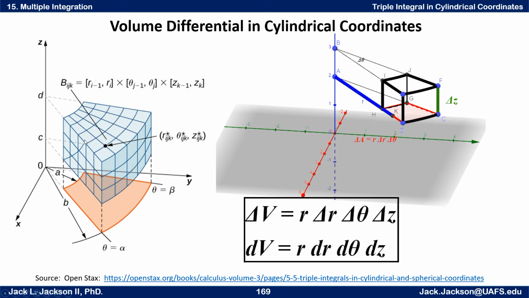Here we're going to slice up a region with constant z's, which are horizontal planes here, parallel to the xy planes. That gives us these slices going across this way. And we're going to slice it up with radial segments going through the origin. So you sort of set your cutter or your knife on the z-axis here and come down, straight down, and then rotate it around and come down and slice it on this slice and this slice and this slice.